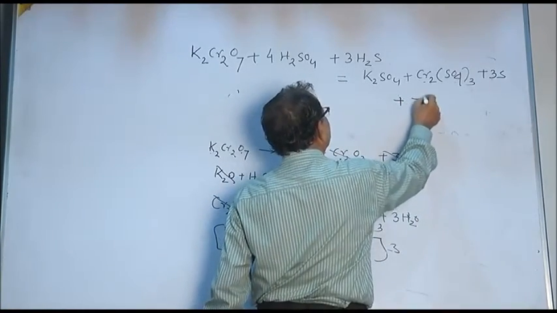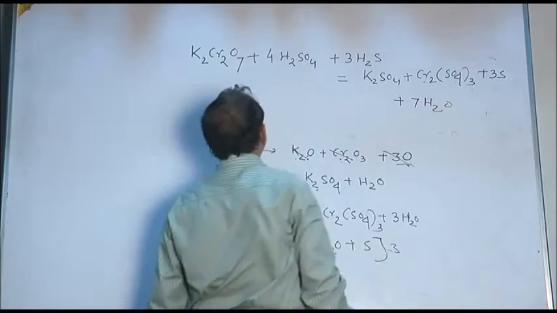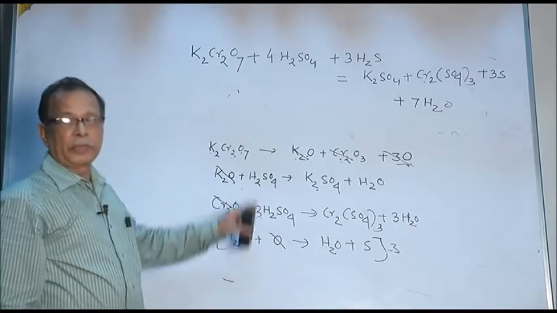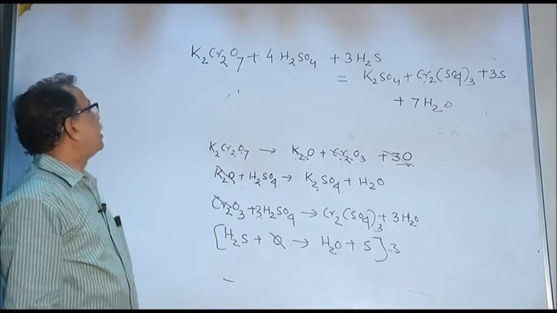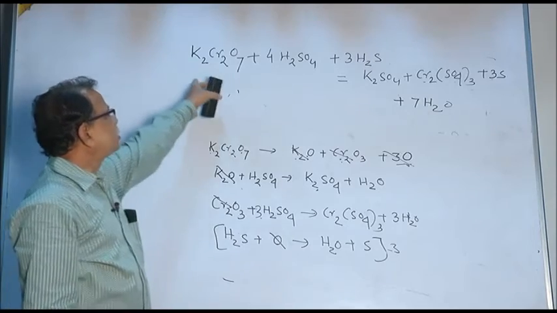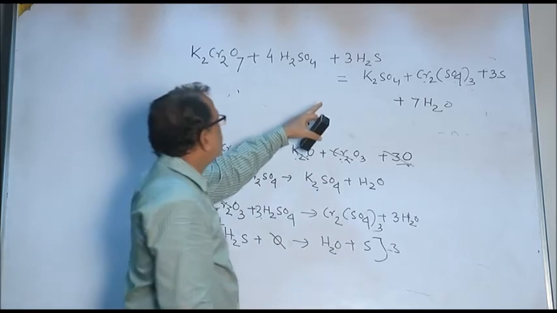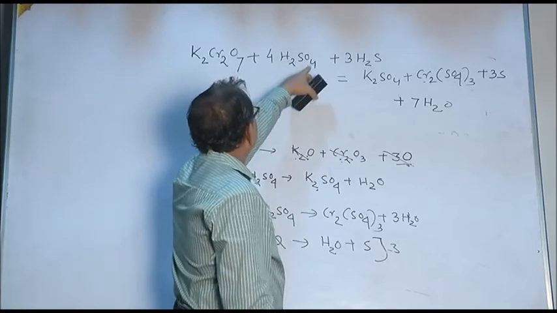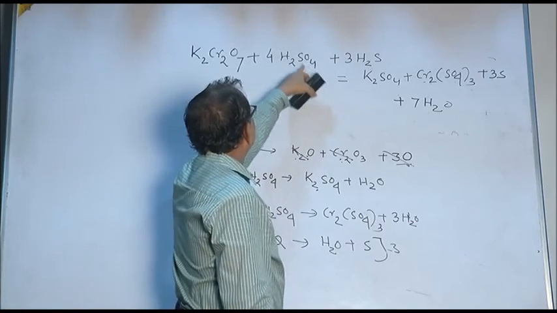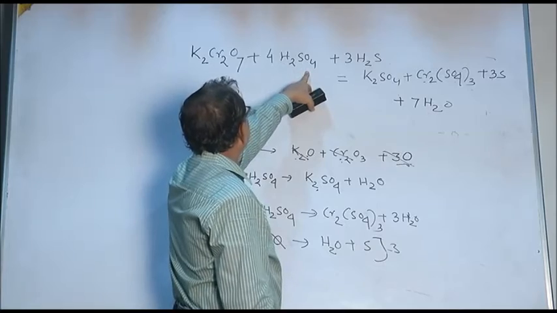Let us see whether it is balanced or not. 2K, 2K, 2 chromium, 2 chromium. 7O plus 16O, 23O.